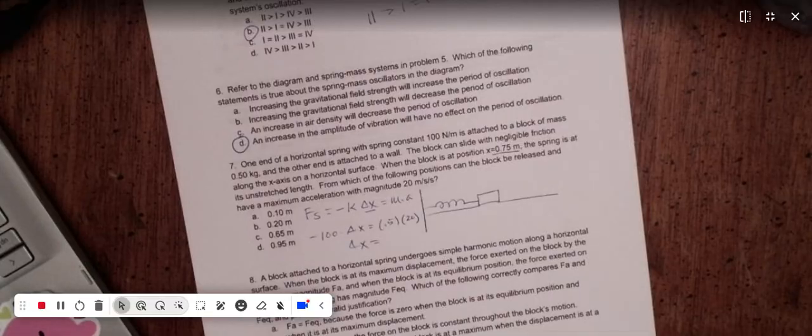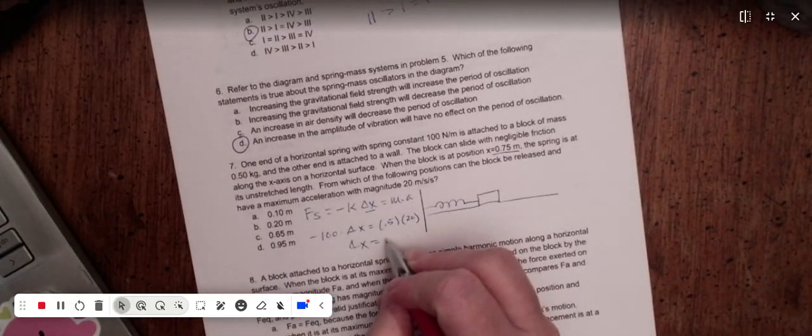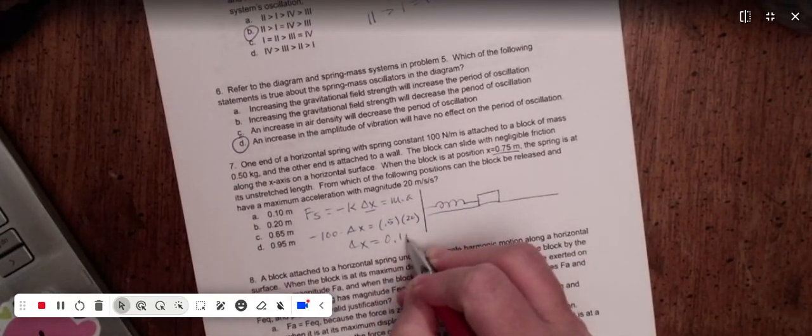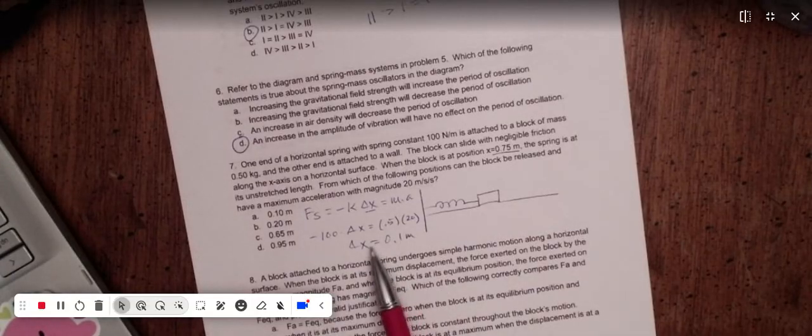Sorry, my brain's not working yet. 0.1, yeah, that's what I thought. So 0.1 meters or 10 centimeters is my displacement.